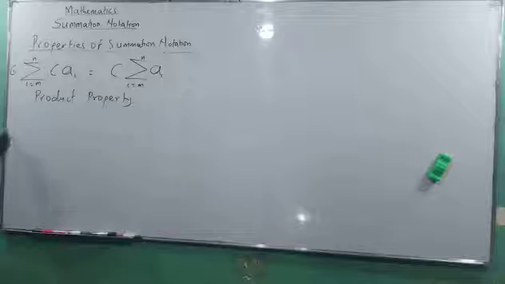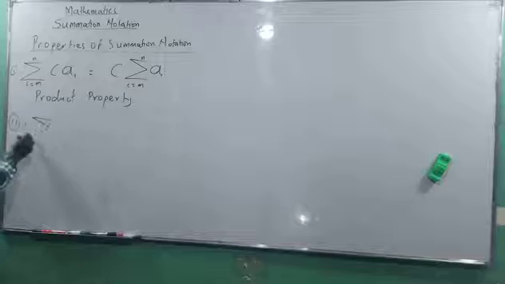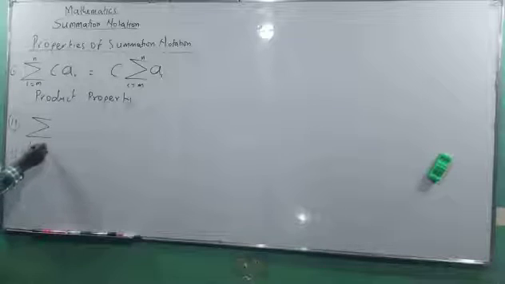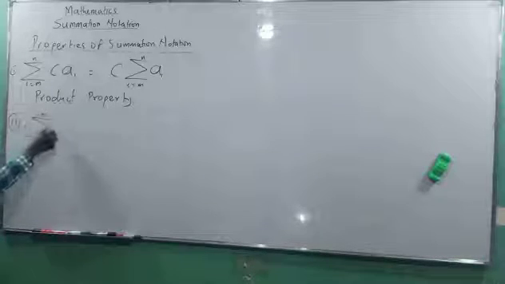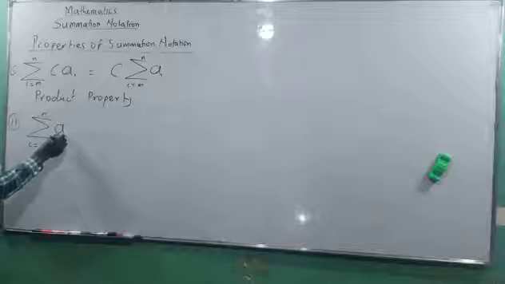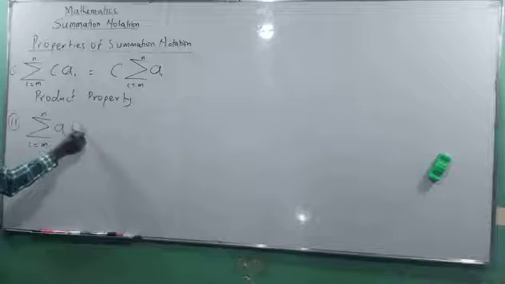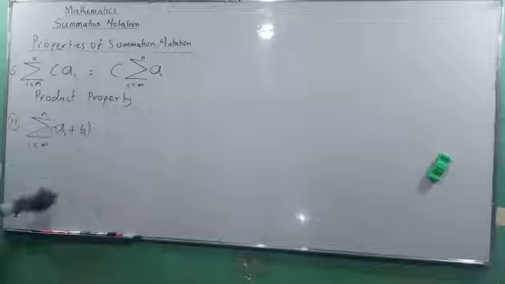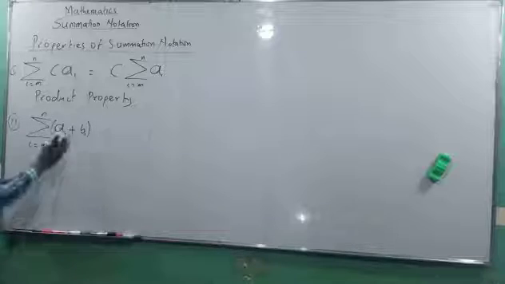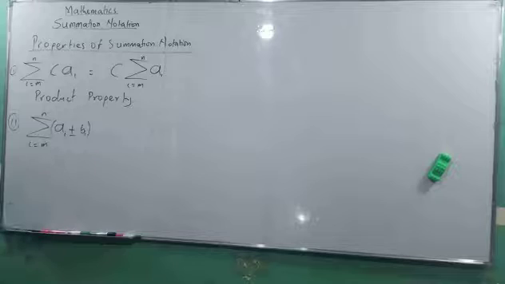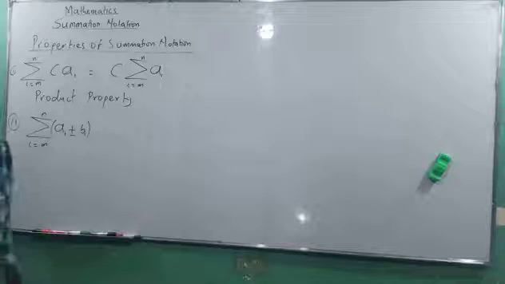The next one is when I have the summation from r to n of a of i plus b of i. When I am asked to do this, let me allow plus or minus, because this will settle both notations.